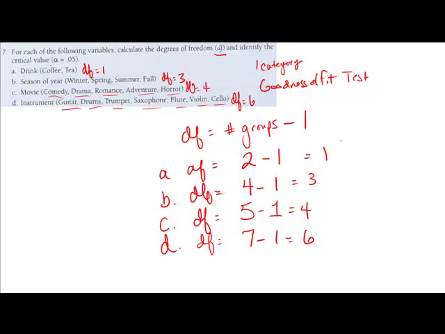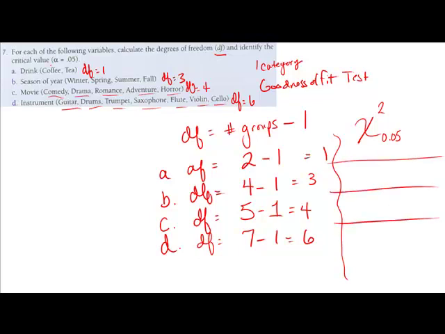Okay, now we have to find the value of chi-square for 0.05 with this many degrees of freedom. Let's see, chi-square in your textbook is on page T25.